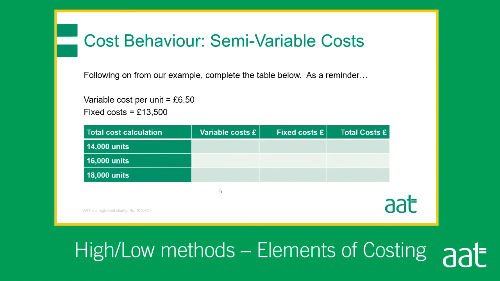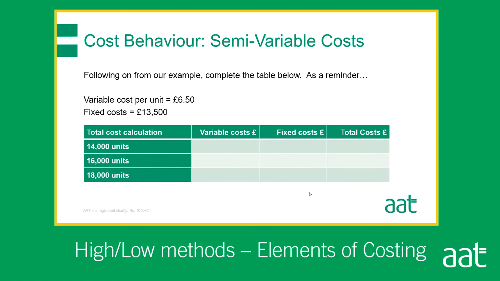I'll let you have a couple of minutes to have a go at this one. Clue, we have already calculated the fixed costs. This isn't a trick question. We've got our 13,500 fixed costs, so you can complete that column straight away. Then it's a case of calculating the variable costs and then the total.